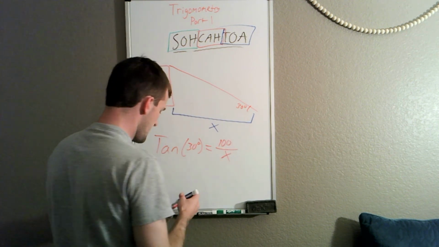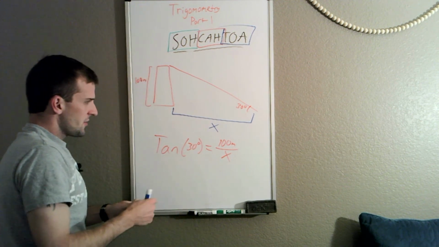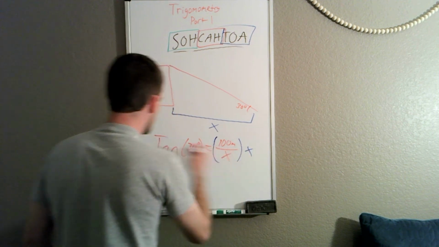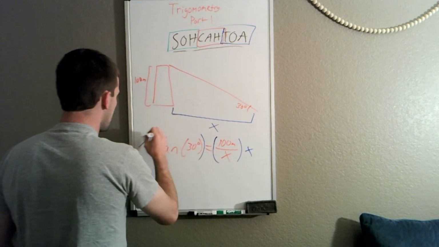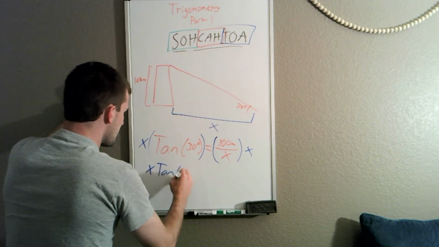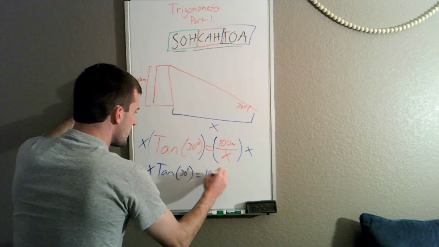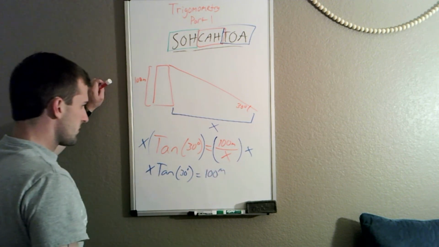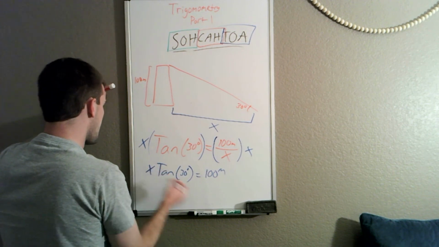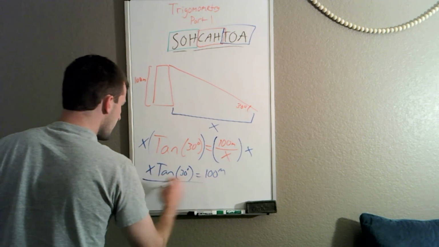This is meters. So to solve for x, we multiply both sides by x. And we're left with x tangent of 30 equals 100 meters. We still don't have x by itself, so we have to divide both sides by tangent of 30, or multiply by 1 over tangent of 30.